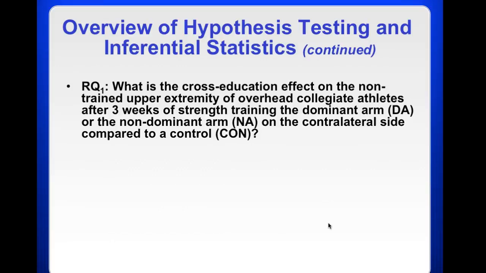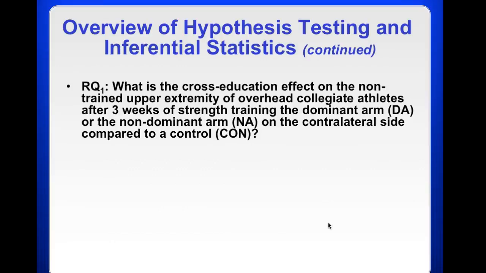So this may seem a little confusing, and I actually explained a little bit about my study in last week's discussion board. So if you want to read that, it's up there. But basically, all I'm doing is having water polo and volleyball players do external rotation strengthening exercises for 3 weeks on one of their shoulders only.